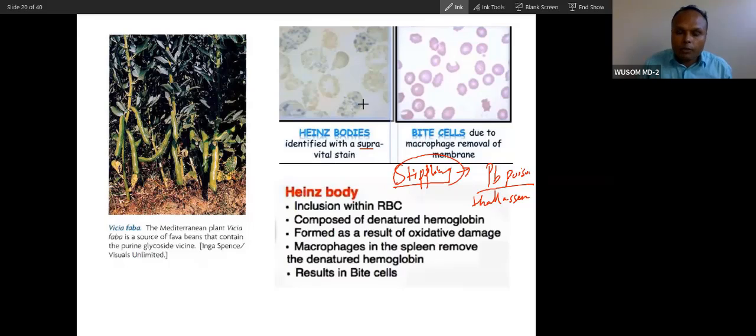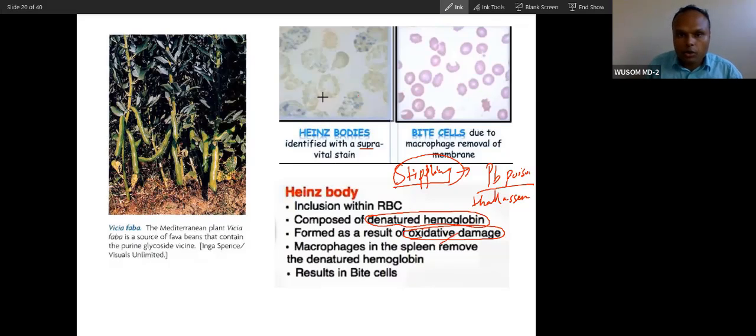And here hinge body formation is because of accumulation of hemoglobin inside RBC. It is an inclusion within RBC, composed of denatured hemoglobin, formed as a result of oxidative damage, because there is lack of protection against oxidative stress in G6PD deficiency.